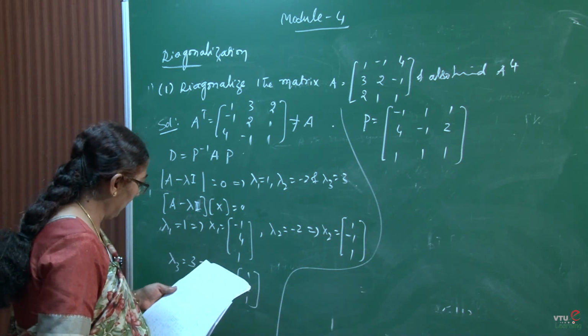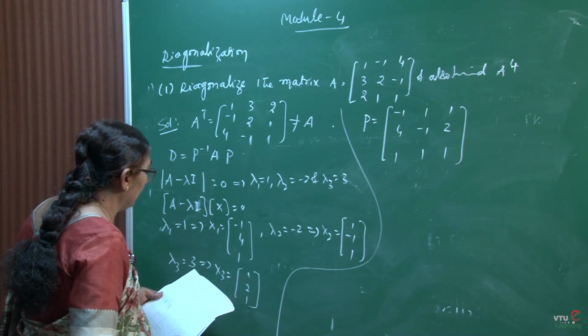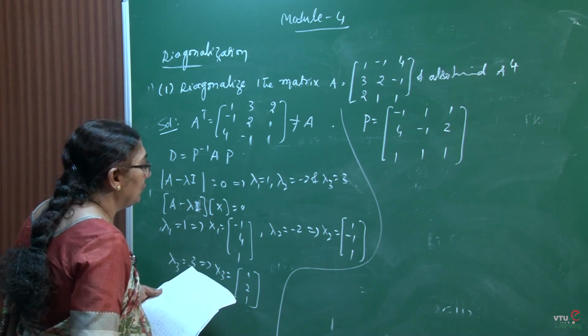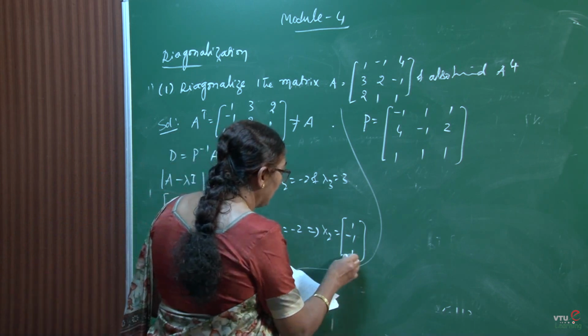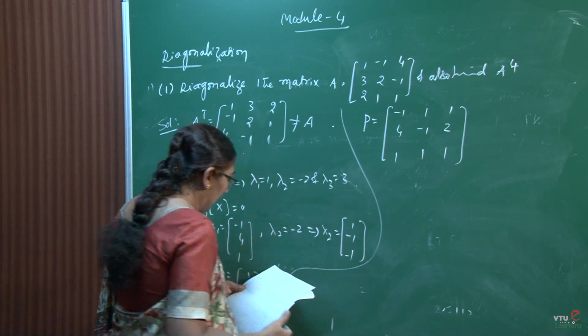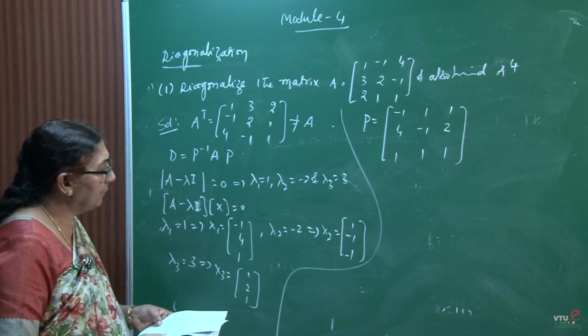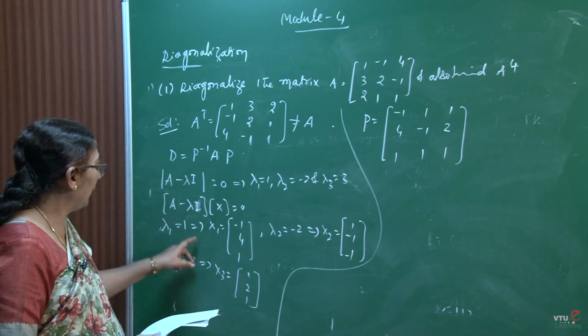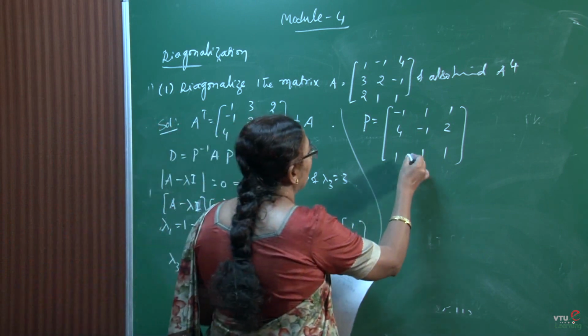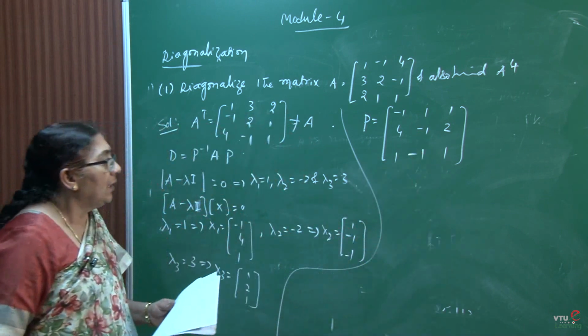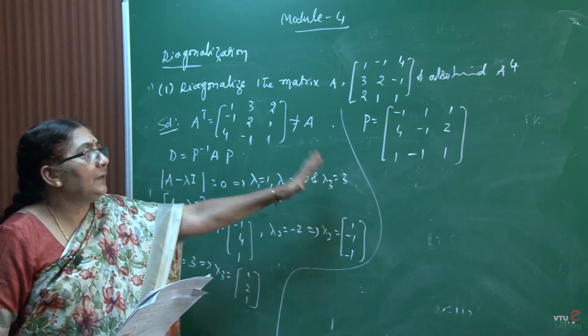Just a minute, sorry. The x2 value is [1, -1, -1]. Yes, after substituting lambda 2 equals minus 2, the last value is minus 1. Okay, fine.